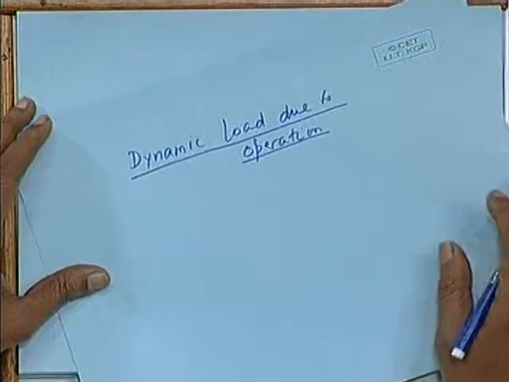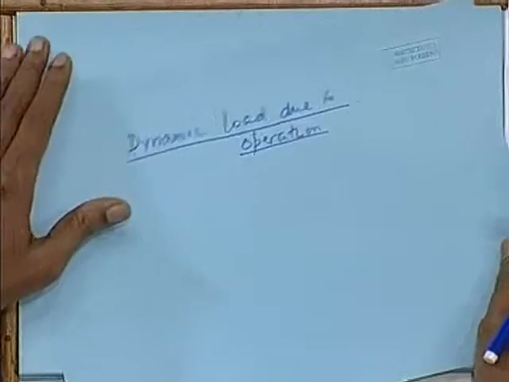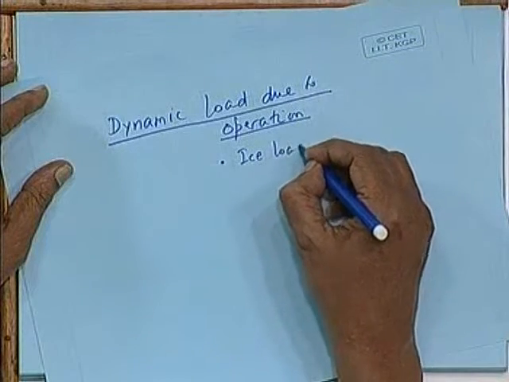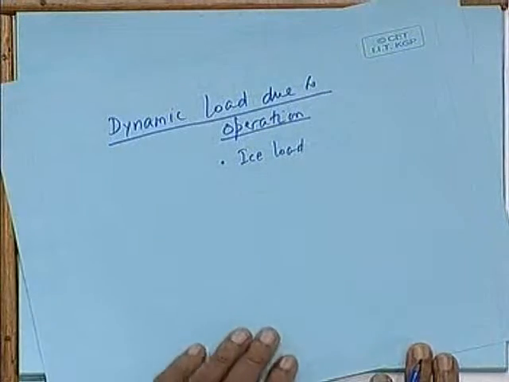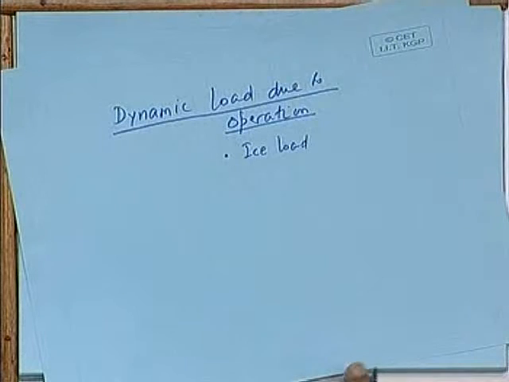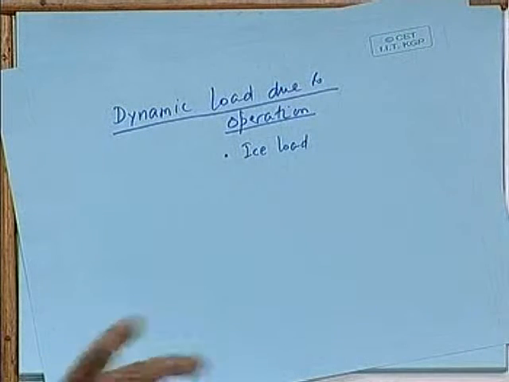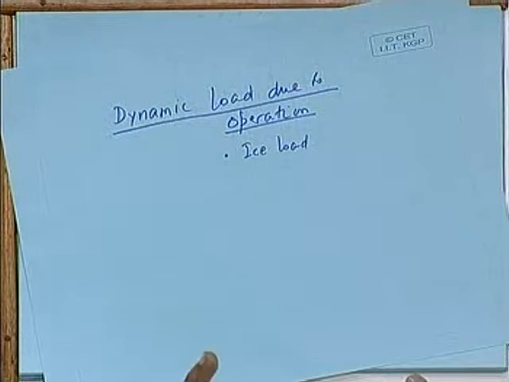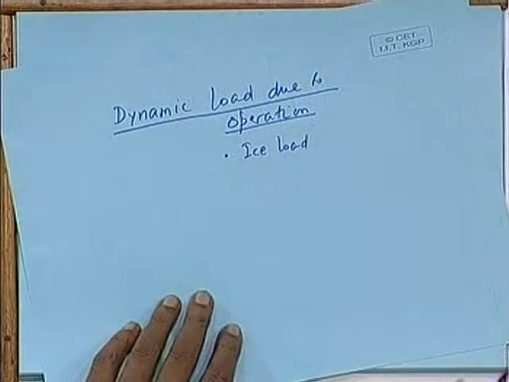What are the operations that cause dynamic loading? Typical will be if you are going through cold climate, ice load, either impact with the ice or ice formation on deck, these are all impact loads.